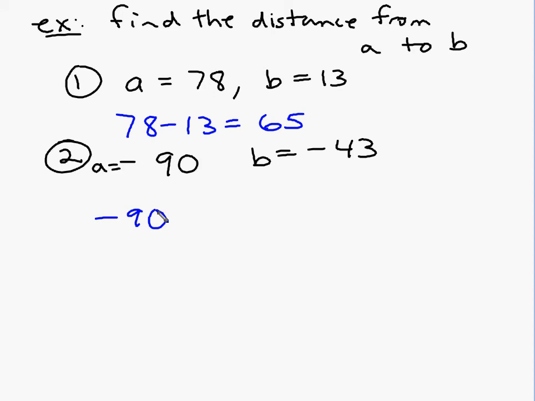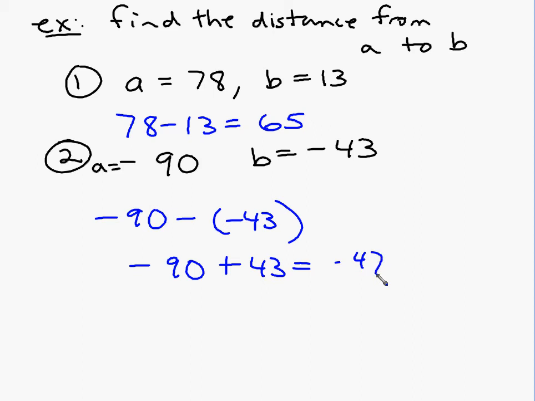Negative 90 minus a negative 43, which is negative 90 plus 43, which is what? Negative 47. Now let me ask you a question, and this is one of the things that I want to confirm in the book.